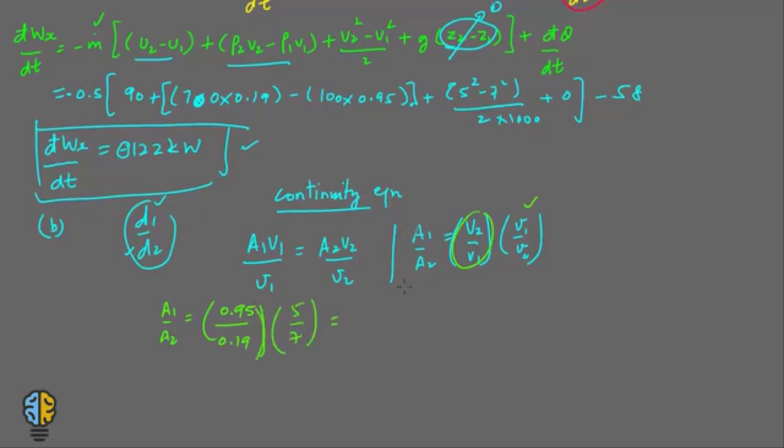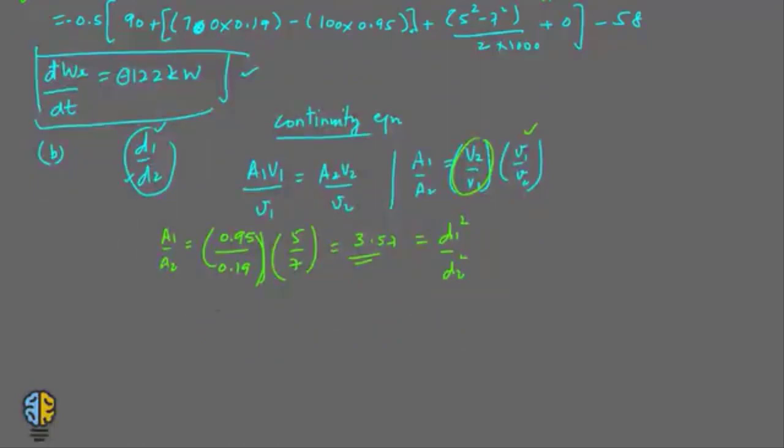So when you solve this, you get the value as 3.57. Now I need to find out the diameter ratios, and we know that the ratio of areas is equal to the ratio of square of the diameters, isn't it? Simple enough calculation. And from here I can say that d1 by d2 is equal to square root of A1 by A2, which is equal to the square root of 3.57, and this is 1.89.